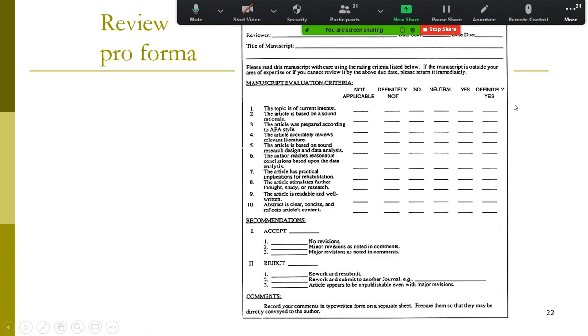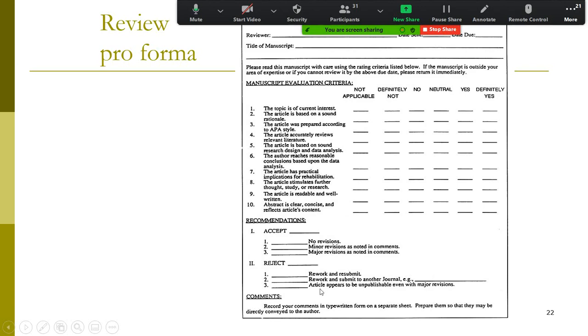And at the bottom you will see that there are recommendations. The first recommendation is accept with no revisions, accept with minor revisions, accept with major revisions. Another recommendation is reject. Reject means rework and resubmit, rework and submit to another journal, or sometimes the reviewer or the referee recommends another journal.